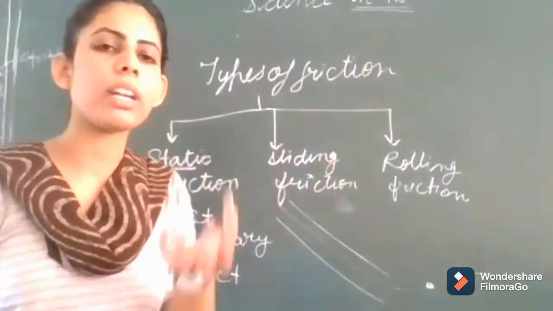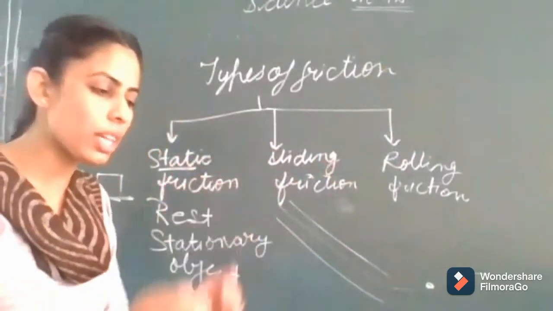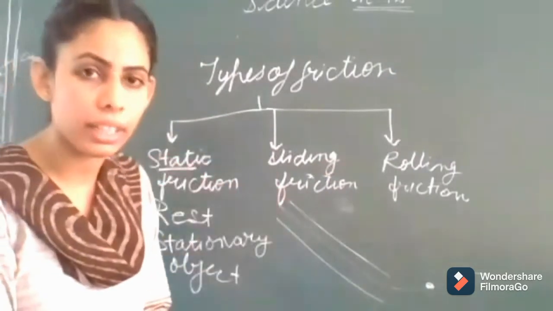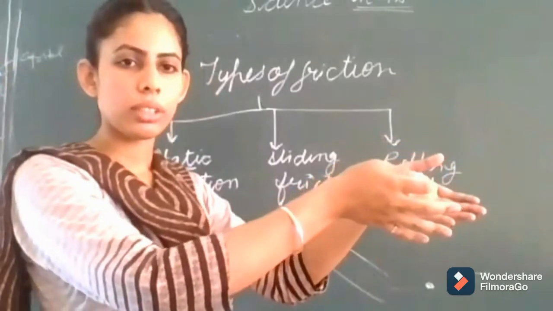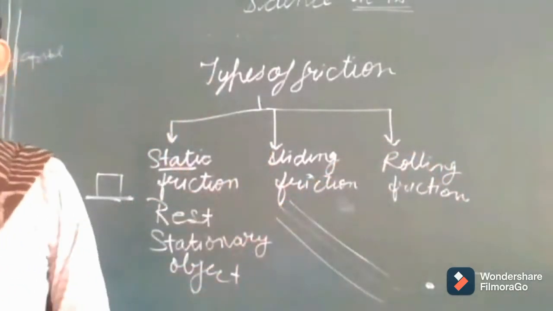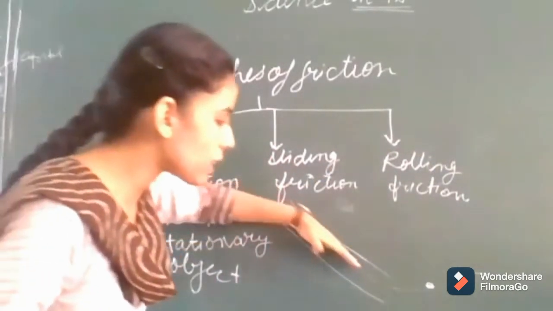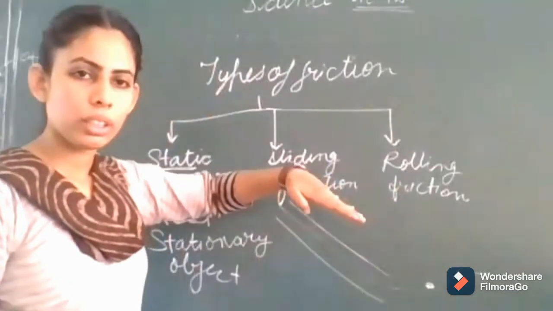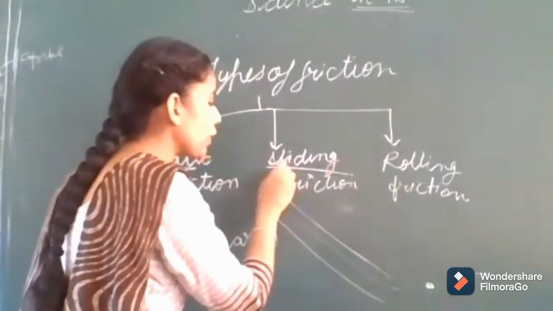At that time there is also a friction occurring that is resisting the motion of that child. It does not go that far. Clear? So the friction that will act when one body slides over the surface of another body is called sliding friction.